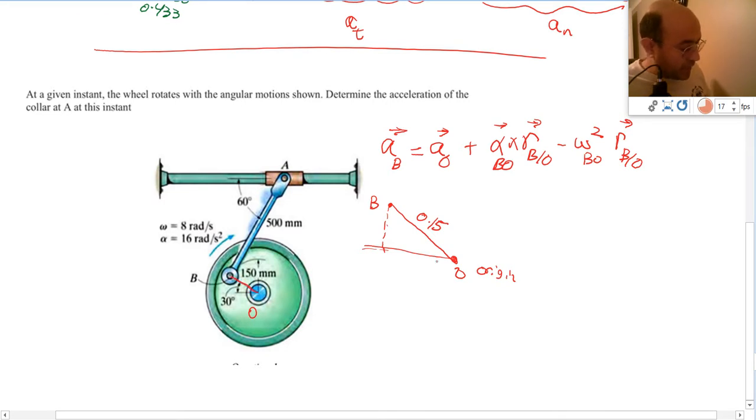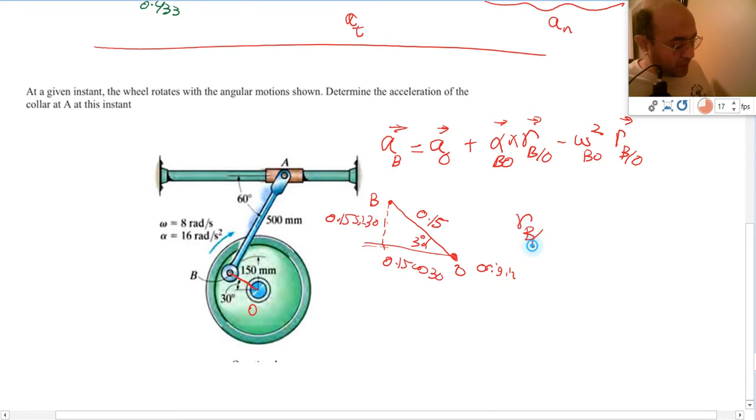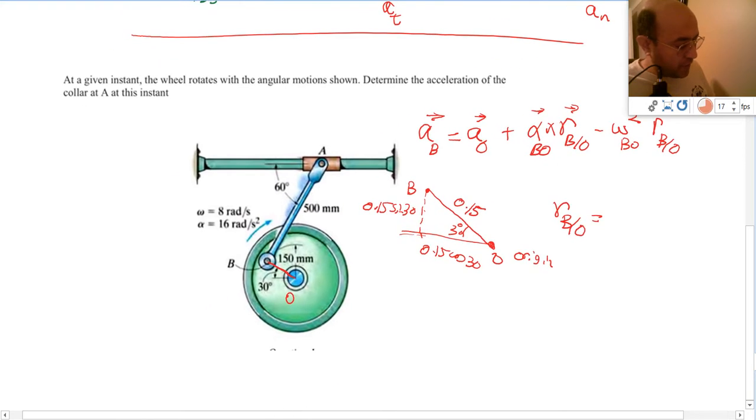In order to find the x, the angle is 30 degrees. So this will be 0.15 cosine 30, and this will be 0.15 sine 30. Then RB with respect to O is equal to, if we go from O to B, 0.15 sine 30, that's 0.075.